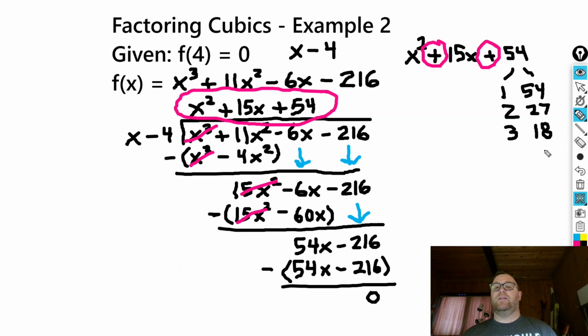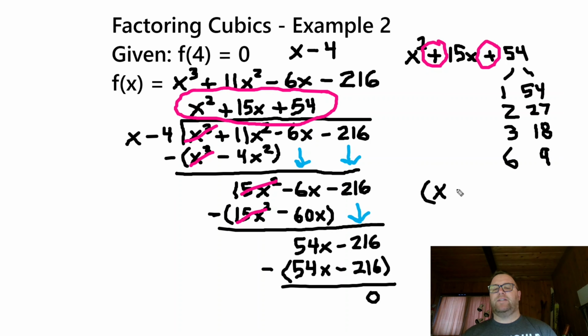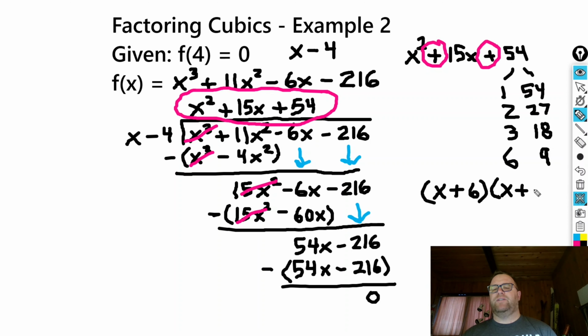Still too high, but getting closer. 4, not divisible by 4, not divisible by 5, but if we do 6, well, 6 times 9 is 54, and, well, 6 plus 9 is 15, so we're going to use 6 and 9, so this quadratic will factor into x plus 6 times x plus 9.